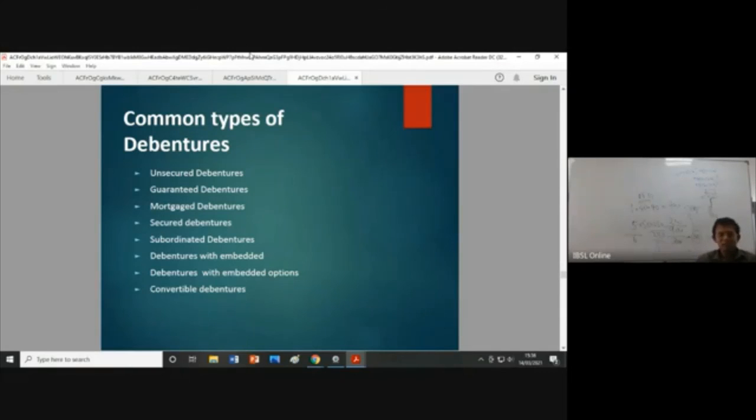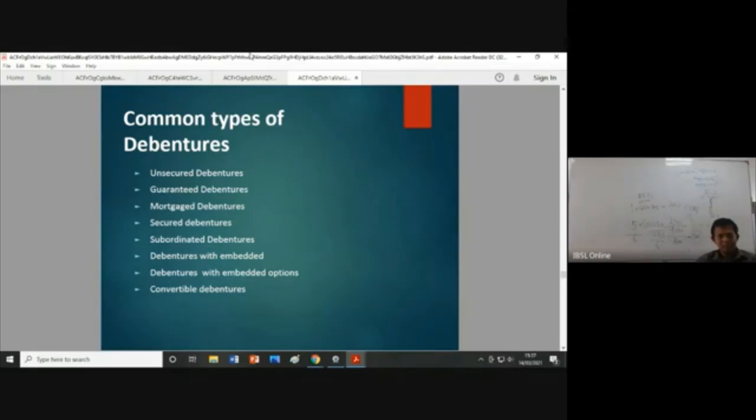Debentures with embedded options. Debentures with embedded options means what? Convertible or callable option. They have it. What do you mean by junk bond? Junk bonds are the bonds which are trading at higher yield. Now sometimes our ISBs are in the junk category.